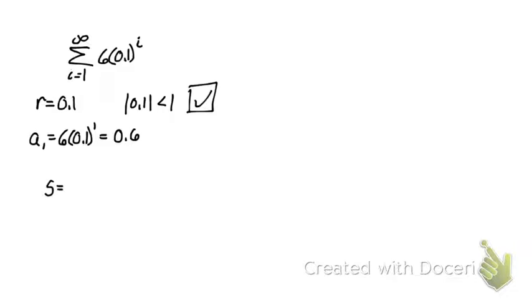That means my sum is going to be my first term, which is 0.6, divided by 1 minus my r, which is 0.1. That will come out to like 0.6 repeating. I simplified it to 2 over 3, but I would have been fine with just that, 0.6 repeating or 0.67 kind of thing. Okay?